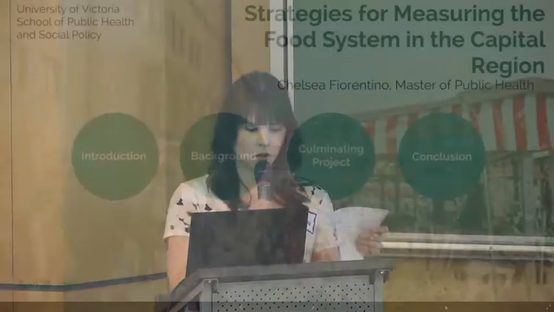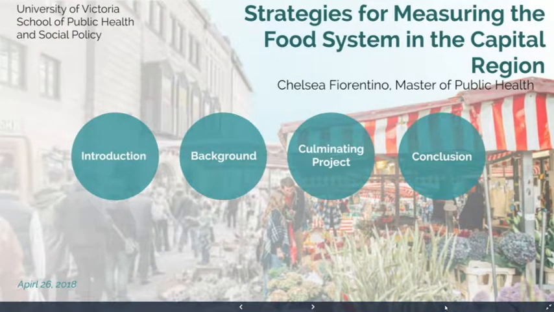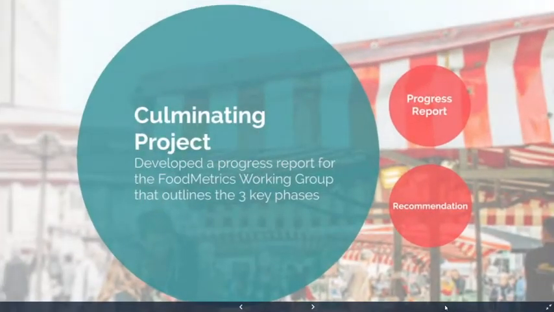To do this, the Food Metrics Working Group was working with CSPC on 3 key phases: a literature scan, stakeholder engagement, and developing an indicator selection criteria tool. As a result of my practicum, I undertook these 3 key phases, and I developed a progress report outlining my findings and results.